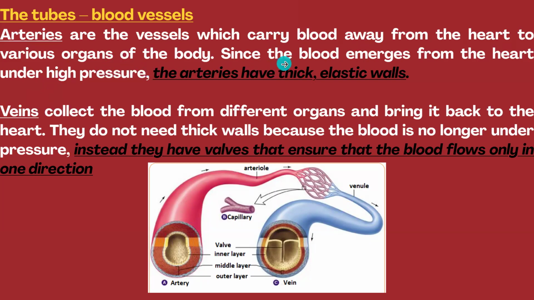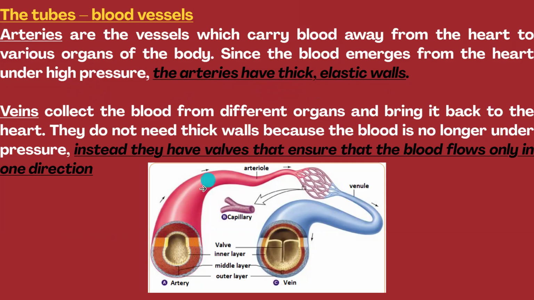Since the blood emerges from the heart under high pressure, whenever ventricle systole takes place that high pressure is there in the arteries, so the arteries have thick and elastic walls. What is the purpose of having these thick and elastic walls?